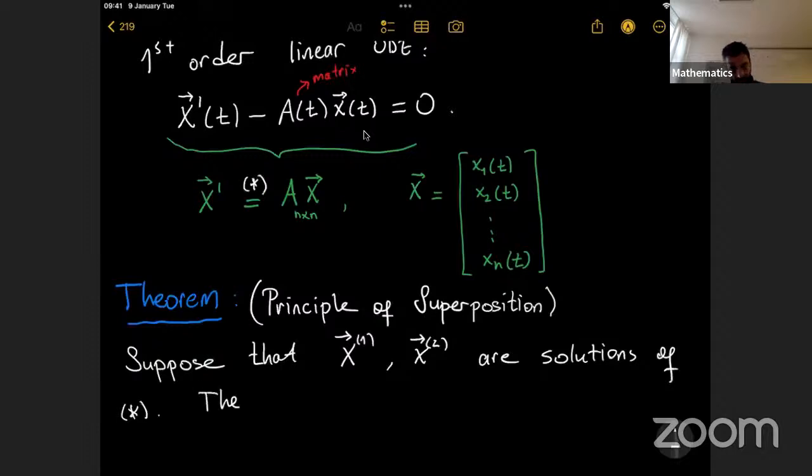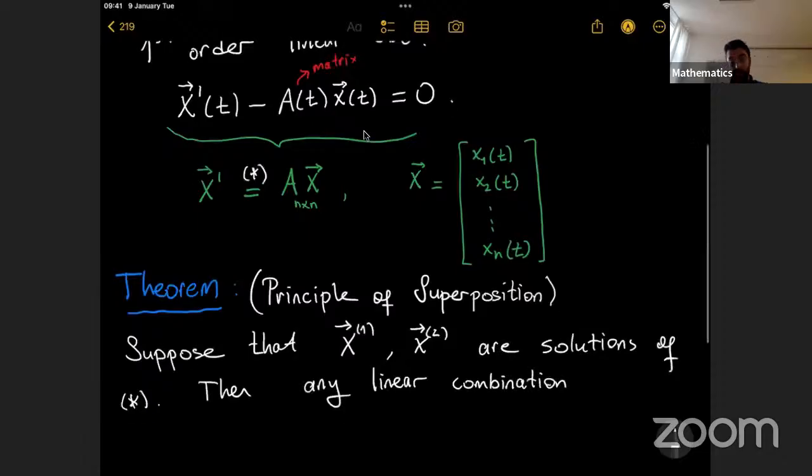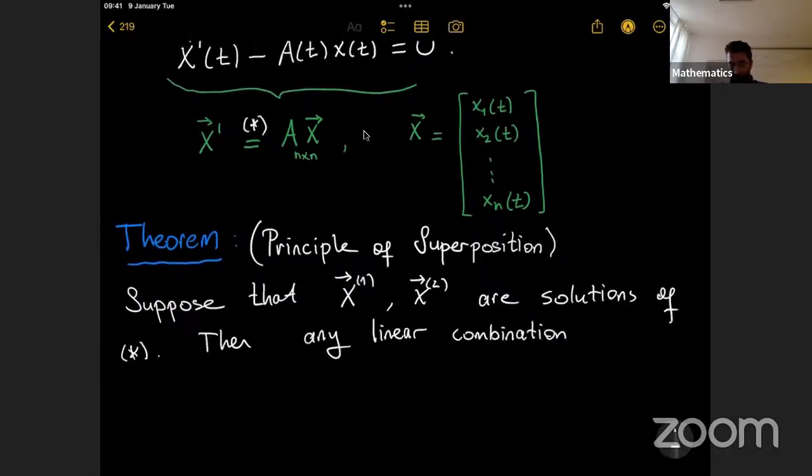Then any linear combination like this, C1 x1 plus C2 x2, where C1 and C2 are real constants, is also a solution.